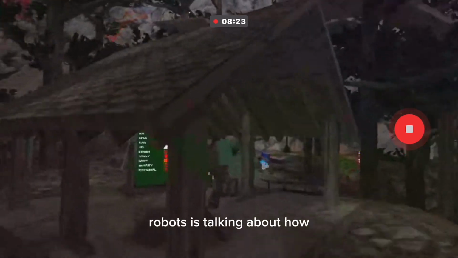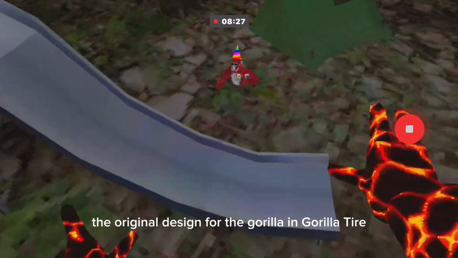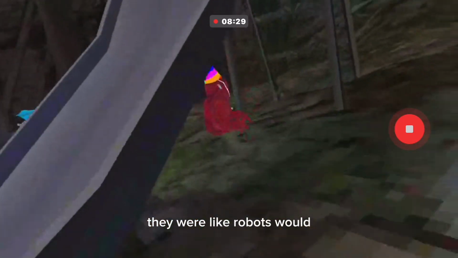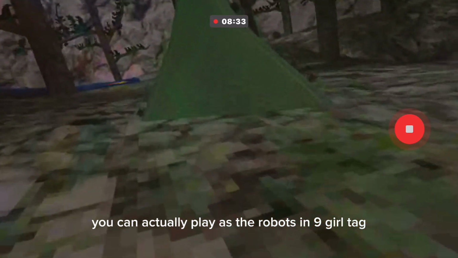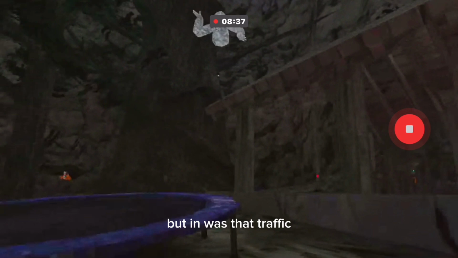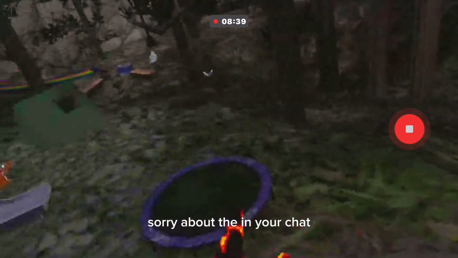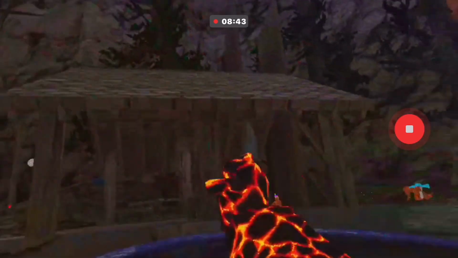Gorillas are robots is talking about how the original design for the gorillas in Gorilla Tag, they were robots, which you can actually play as the robots in, not in Gorilla Tag, but in VR chat, because the original design is from VR chat. So yeah.